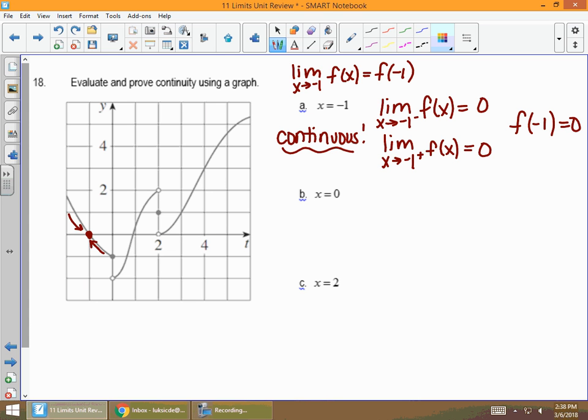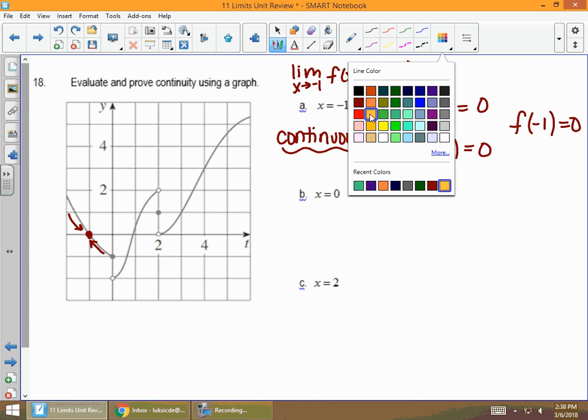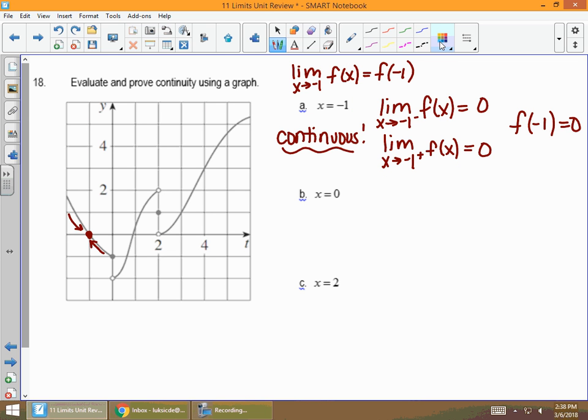Okay, at 0 is the next place we're looking. So here's 0. From the left, I'm going to -1. So the limit as x approaches 0 from the left of f of x is -1.